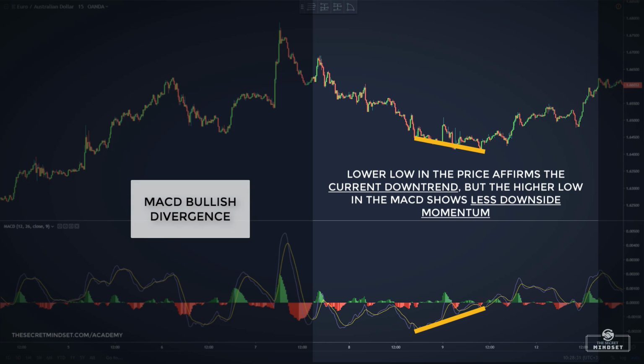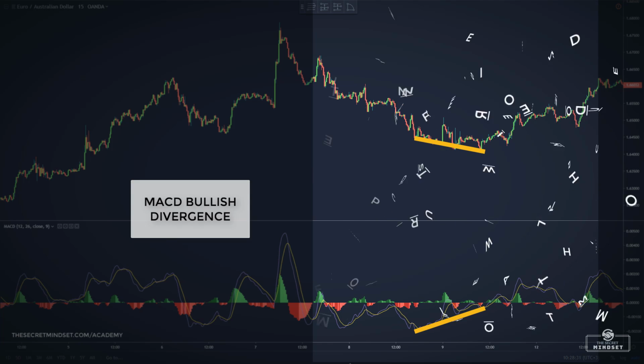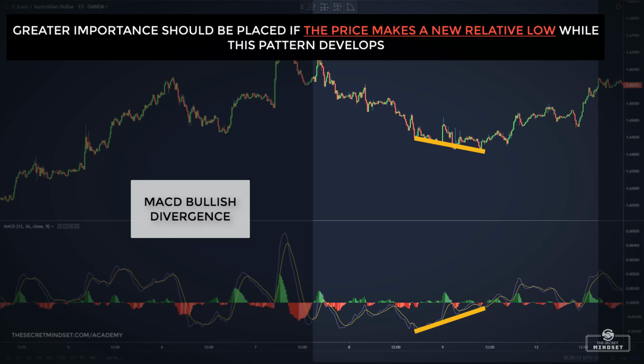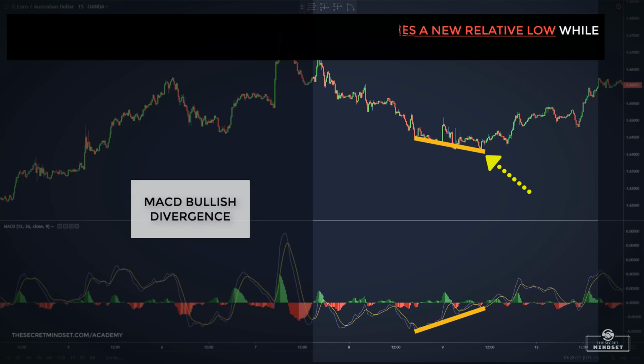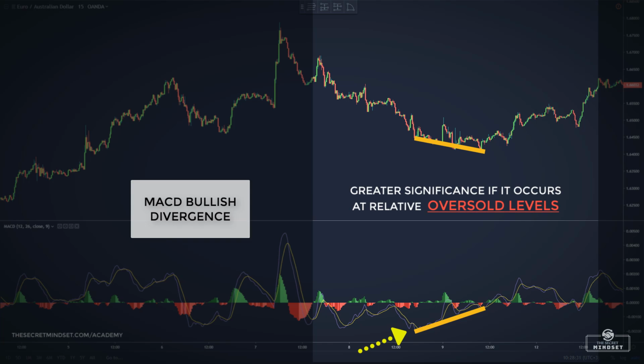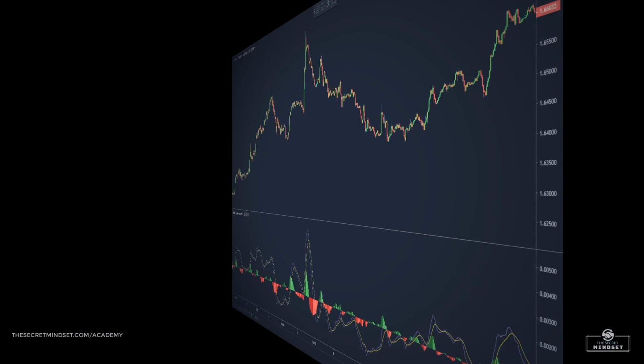The lower low in the price affirms the current downtrend, but the higher low in the MACD shows less downside momentum. A bearish divergence takes place when the MACD is making new highs, even though prices fail to reach new highs. Greater importance should be placed if the price makes a new relative low while this pattern develops. Furthermore, both signals carry greater significance if they occur at relative overbought or oversold levels.